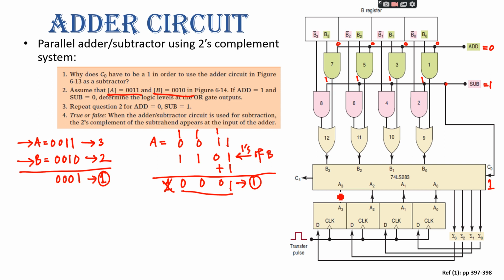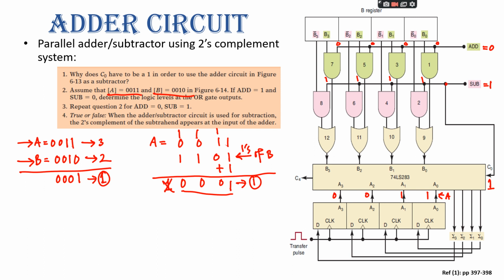So similarly, in this circuit as previously described, A will be given as it is, 0 0 1 1, exactly same as A. So here A comes directly.